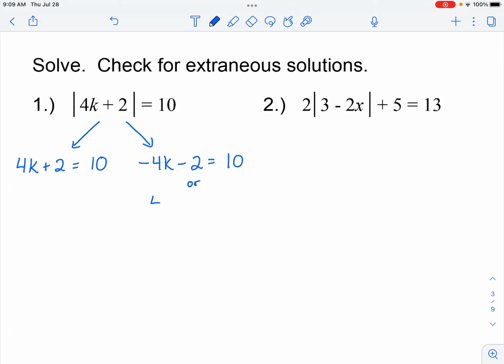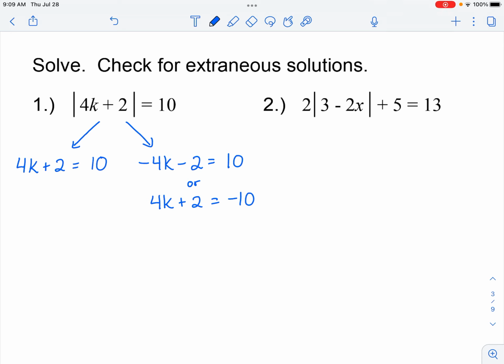You can also think of that as 4k plus 2 would have to equal negative 10. Now, technically, both of these 2 equations are exactly the same. So it doesn't really matter if I negate the inside of the absolute value or if I negate the opposite side of the equal sign. As long as I negate one side and not the other, I will be okay.